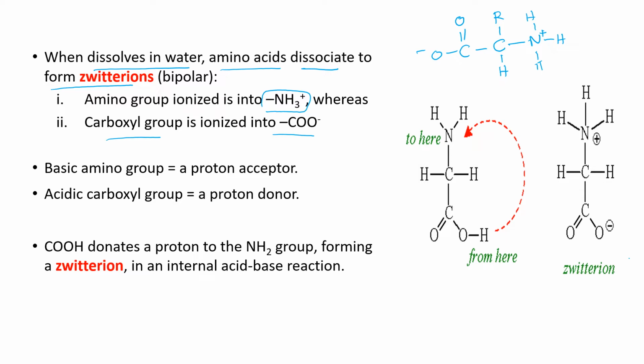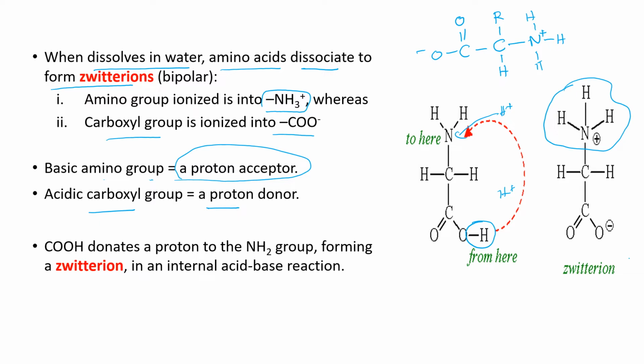The basic amino group will function as a proton acceptor. The amino group will accept the hydrogen ion from the surrounding solution to become NH3 plus. The acidic carboxyl group becomes a proton donor by releasing the hydrogen ion into the surrounding solution. It releases a hydrogen ion, or a proton, into the surrounding solution.